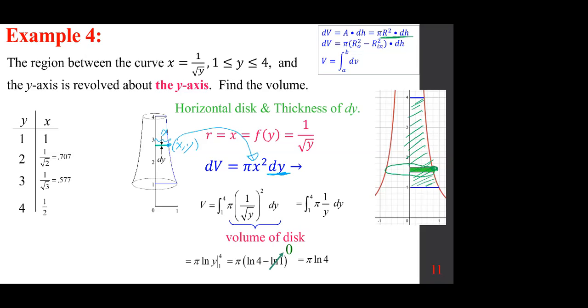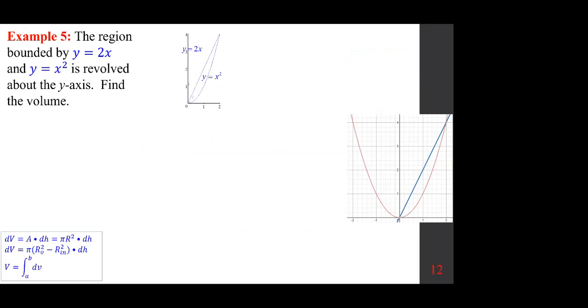All right. Let's look at something that is slightly different. It says the region bounded by y equals 2x, which is a line, and y equals x squared, and we want to revolve this about the y-axis. So we have the graphs, very straightforward.